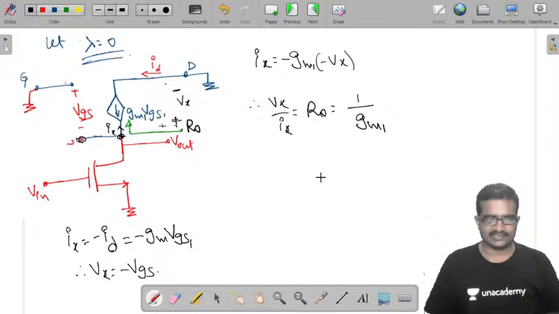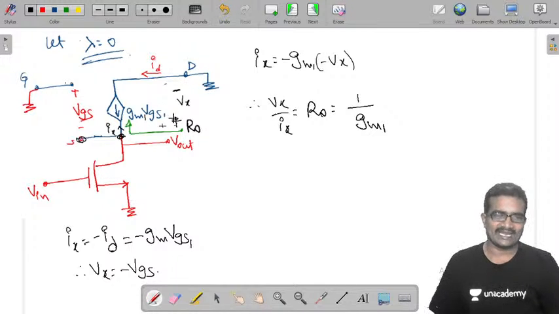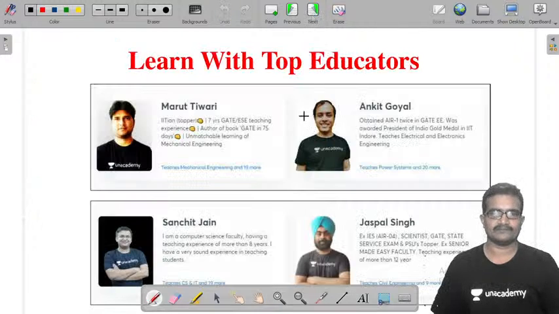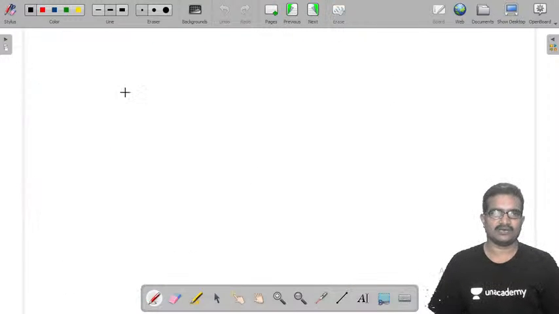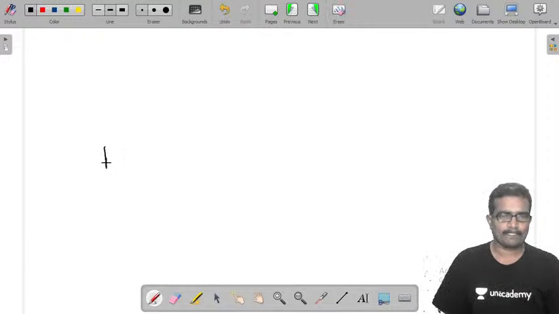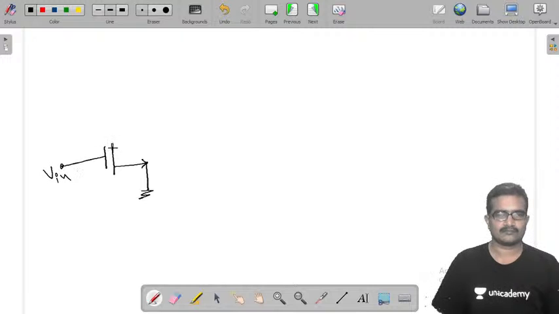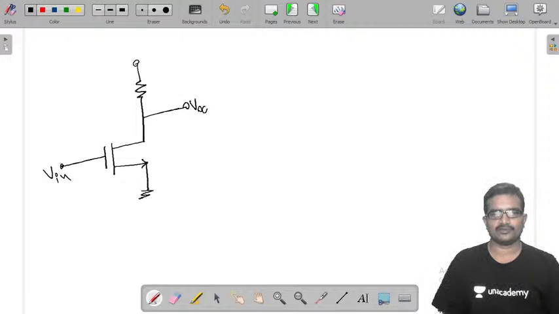That is the output impedance of this. Now once you have calculated the output impedance, we can replace this total part by its output impedance, 1 by Gm. Now this is Vout, this is plus VDD.